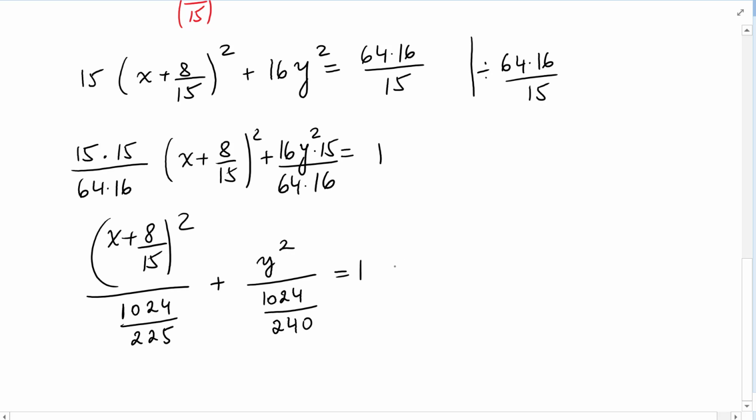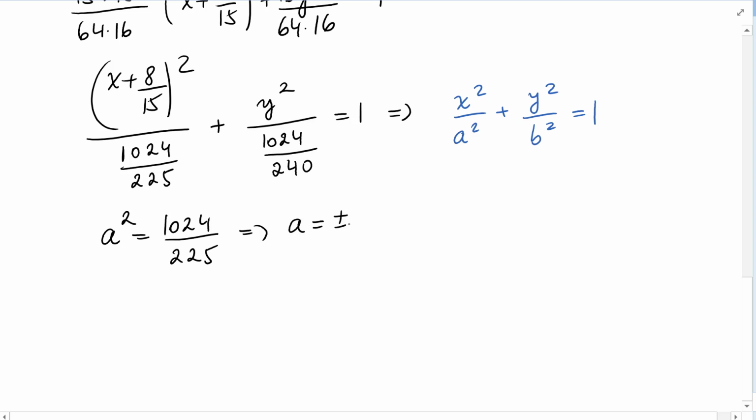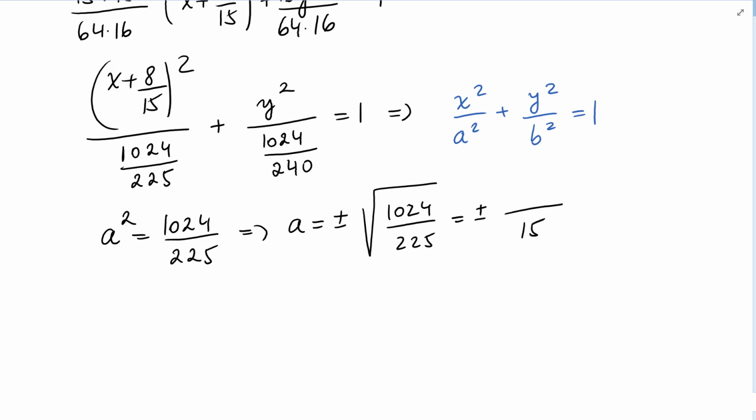So if we compare with x squared over a squared plus y squared over b squared equals 1, we see that a squared equals 1024 over 225, which means a equals plus or minus the square root of 1024 over 225, which is plus or minus 32 over 15.